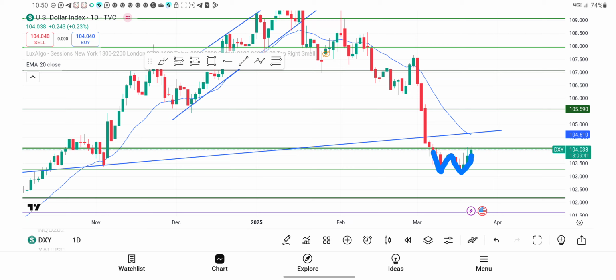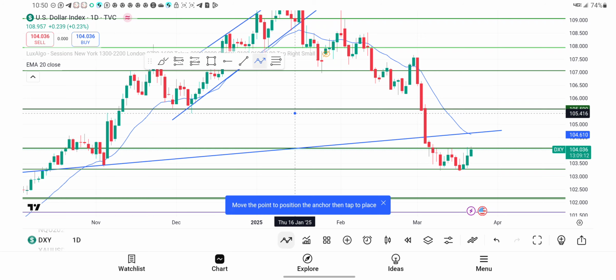This is giving us something like this on a daily time frame. What I'm watching out for is today's closing price and Monday's closing price. If today's price closes above this particular level, and Monday comes back and retests this level, then I'm expecting price to go up.